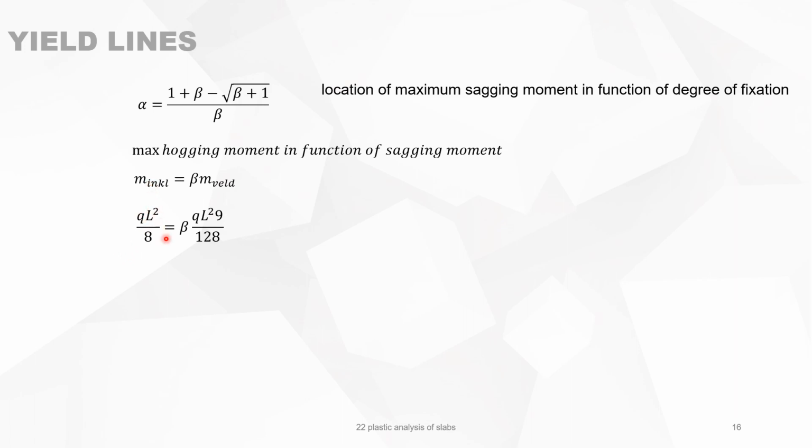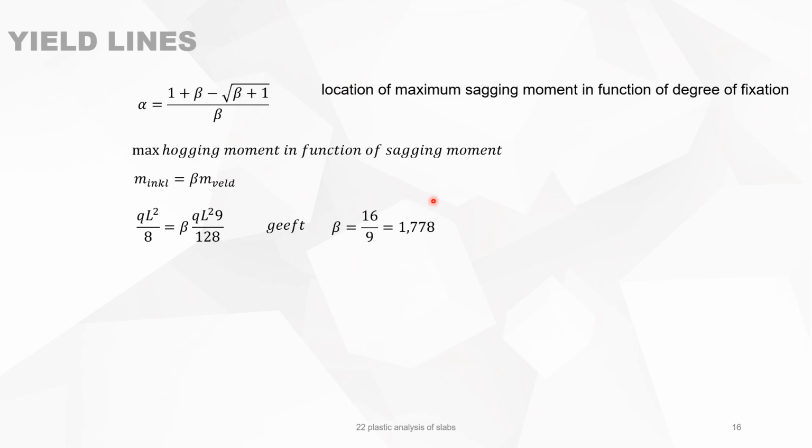When you have simply supported, it is QL squared over 8, or when you take the known formulas, then you know that the fixation (hogging) bending moment is QL squared over 8, and the sagging bending moment is 9 QL squared divided by 128. So this factor beta, which is the proportion between hogging and sagging bending moment, is 1.78.